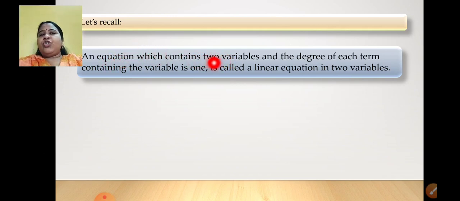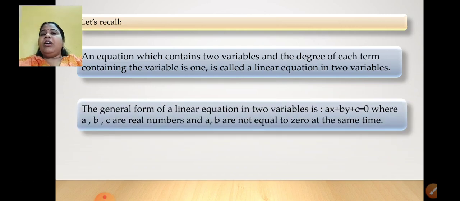Now compulsory there should be two variables in it, and the degree of each term, degree means the power or the index to which the variable is raised, should be 1. Why 1? Because it is linear equation. Linear means degree 1. Okay, so for an equation to be a linear equation in two variables, what are the two important things? That there should be two variables involved in it and the degree of the variable should be 1. Okay, so this was the basic definition.